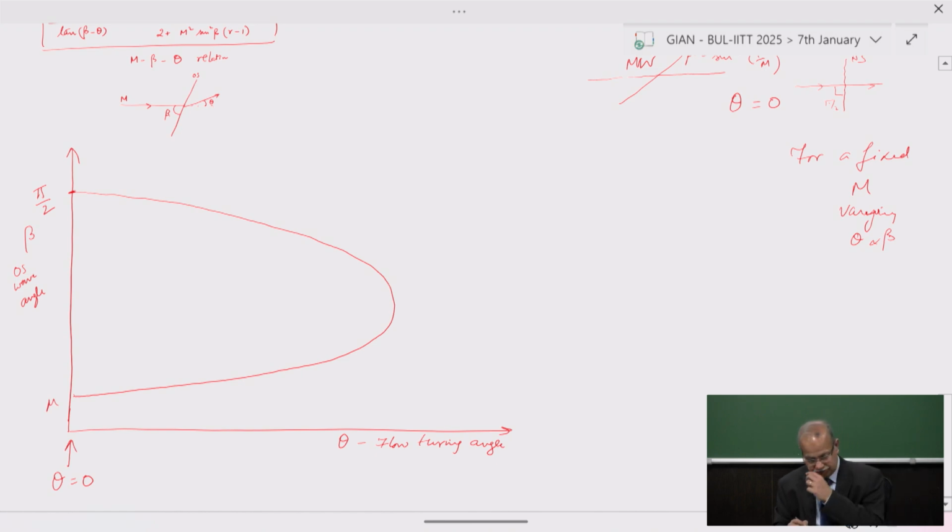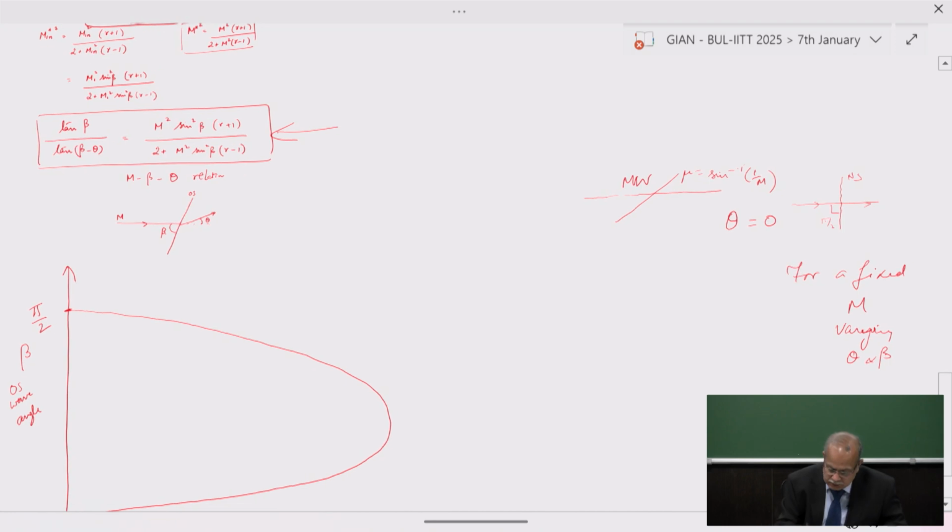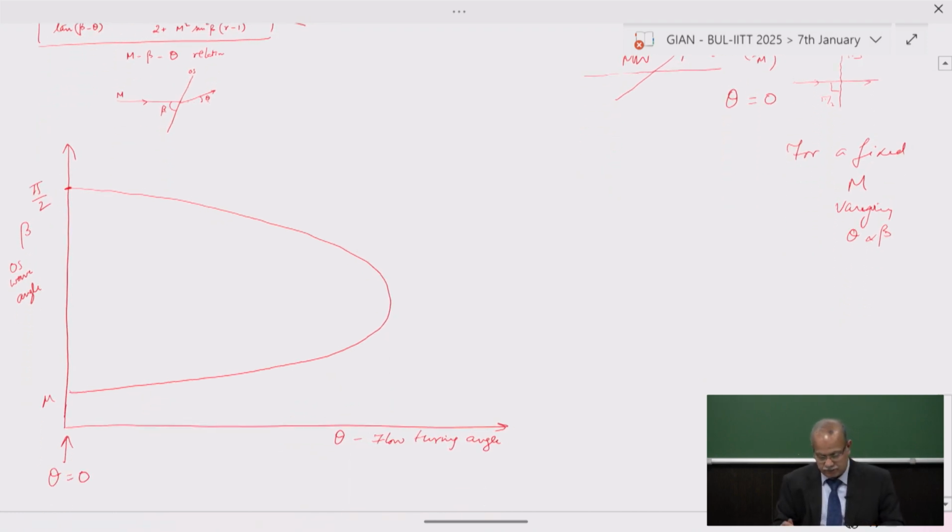This is from this equation. If you write a small program, fix the value of M, vary the beta and theta for a given value of gamma, this is the graph you'll get. So this is for a given value of M.